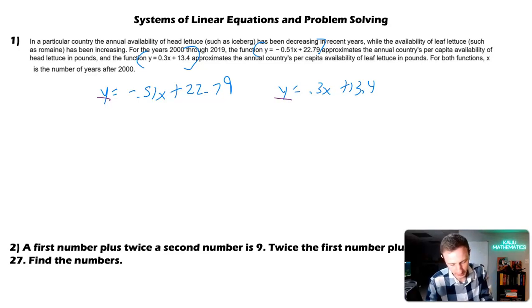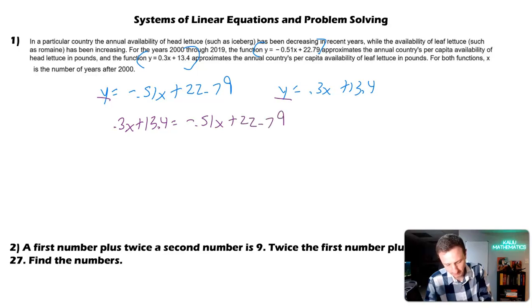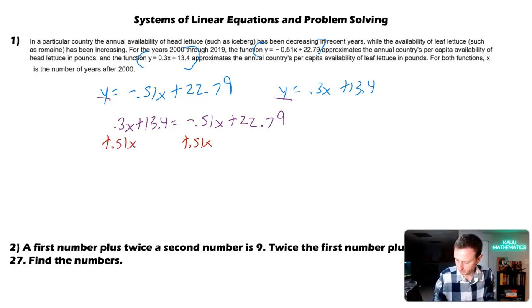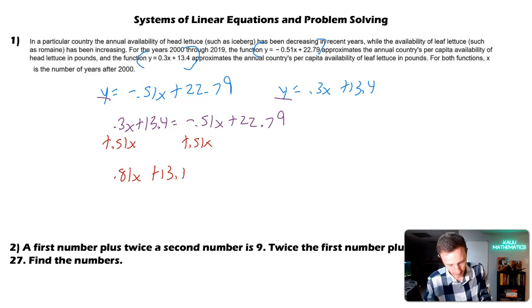So I'm going to say 0.3x plus 13.4 is equal to negative 0.51x plus 22.79. And then we just solve for x. So I'm going to add 0.51x over. It's going to give me 0.81x plus 13.4 equals 22.79.